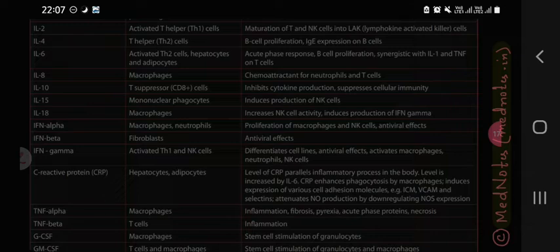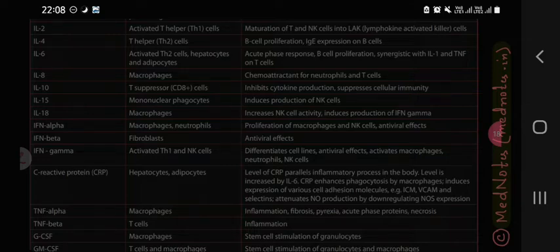Interleukin 4: T helper Th2 cells, B cell proliferation, IgE expression on B cells. Interleukin 6: activated Th2 cells, hepatocytes and adipocytes, acute phase response, B cell proliferation, synergistic with interleukin 1 and TNF on T cells. Interleukin 8: macrophages, chemoattractant for neutrophils and T cells. Interleukin 10: T suppressor CD8 cells, inhibits cytokine production, suppresses cell immunity.